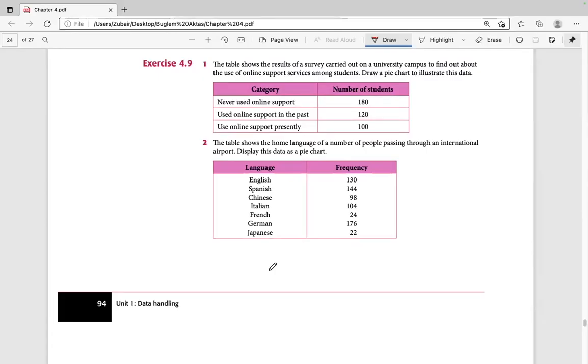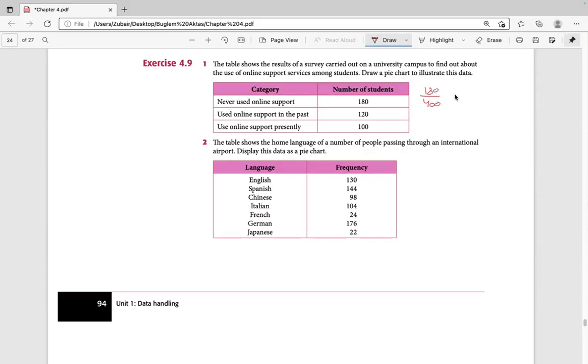Draw a pie chart to illustrate this data. Okay, most of the time you'll be given a total in the question statement. In this case, it is not. So I'm just adding all these three. This is 400. Very good. That's 400. So I'm always having a denominator of 400.